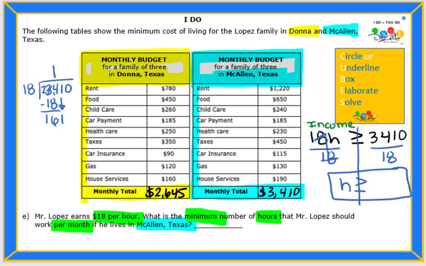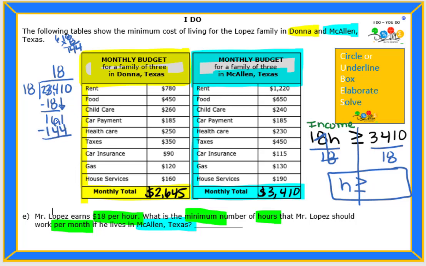So now we're going to try 18 times something. And let's go ahead and try 9. That's 162, it's a little too high, so I'll put 8. And I know that I'm going to have to multiply 18 times 8 now, which will be 64, carry 6. 8 plus 6 is 14.